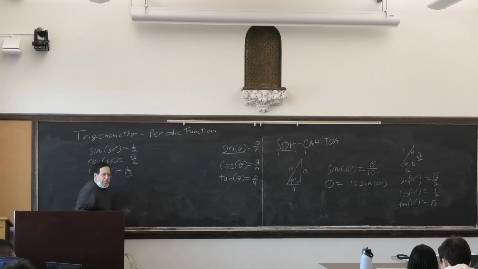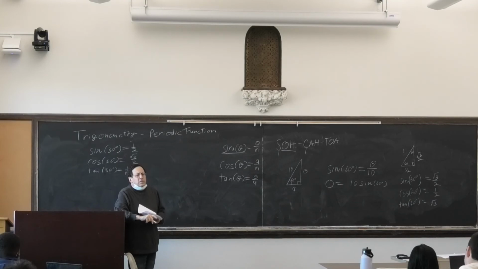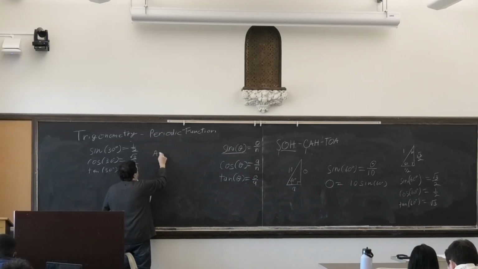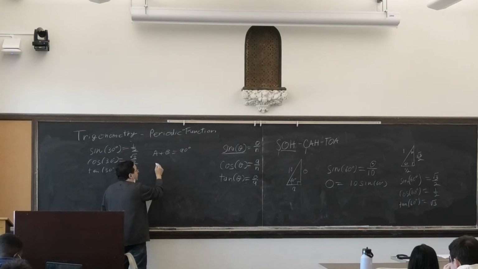So you can see that, what's the relationship between 30 and 60? What kind of angles are they? What do you recall? A plus B is 90 degrees. These are complementary.